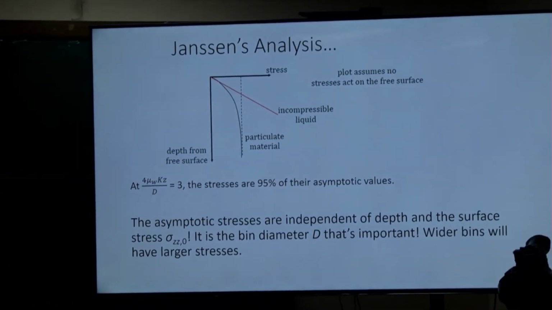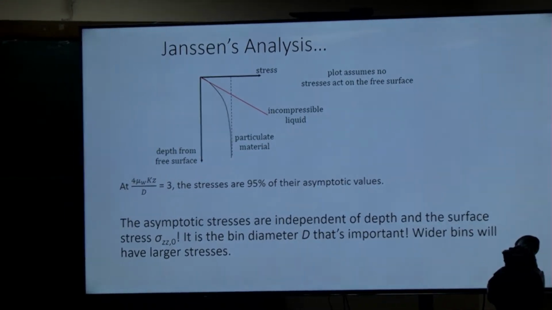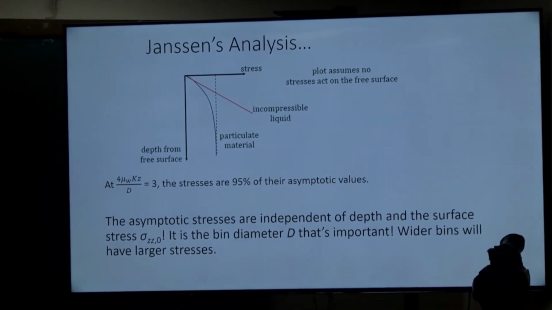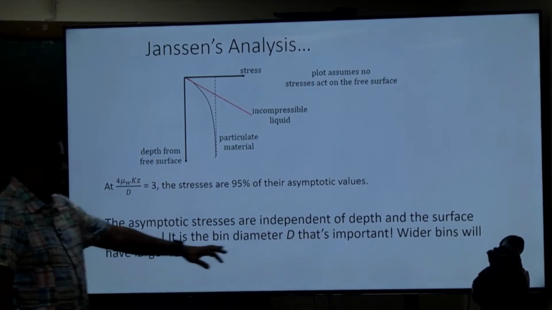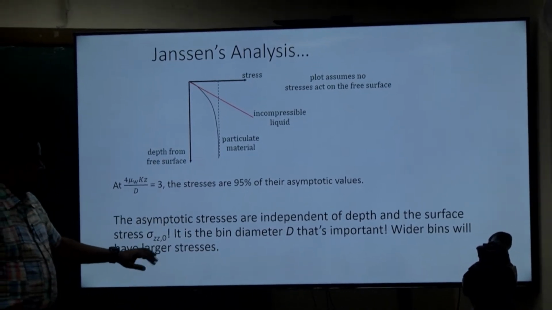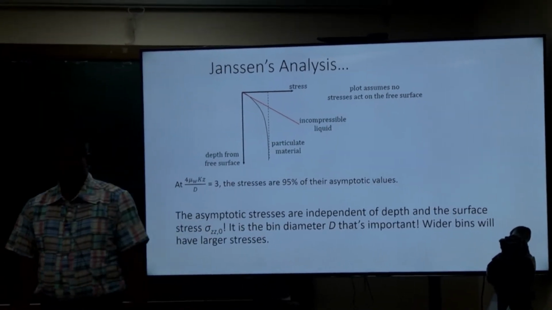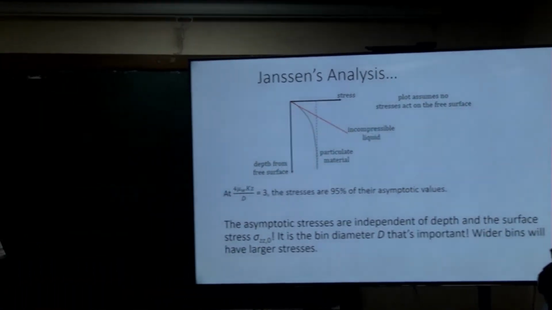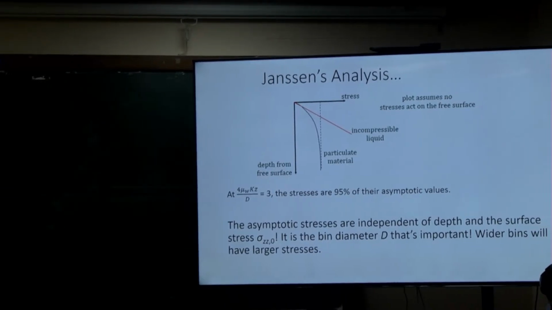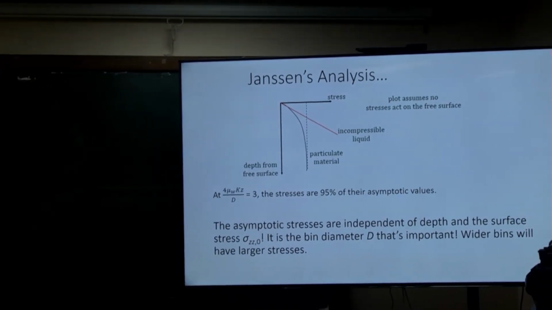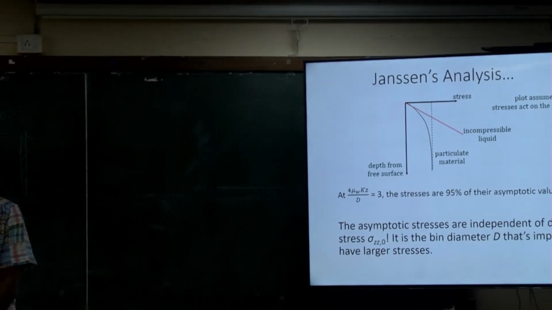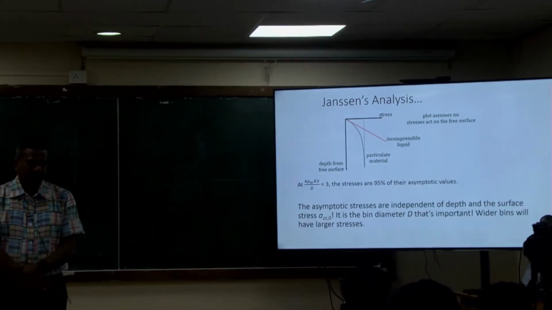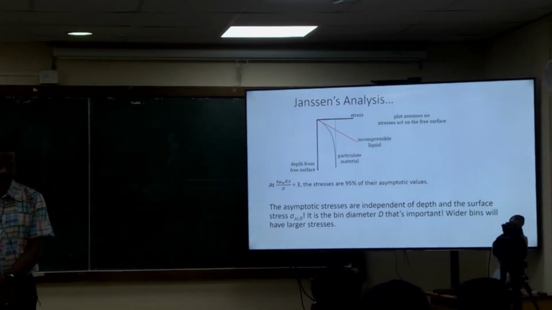So with an increase in height, the stress also increases, right? Here, the stresses are independent of depth for powders. So the most important parameter here, at least for particulate material, is the diameter of the bin. Keep it smaller so that you can get away with a minimum bin wall thickness or strength, okay?